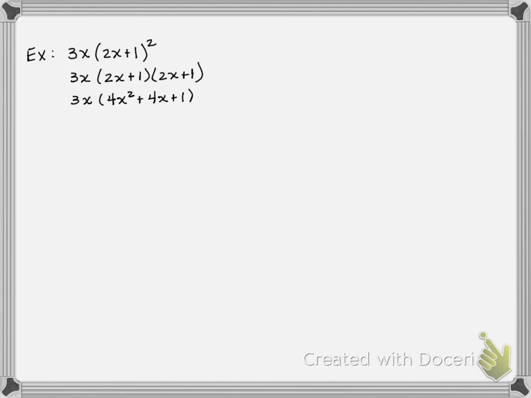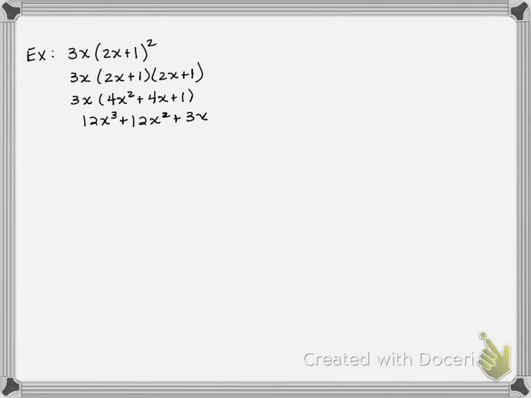Hopefully it makes you feel better that half of you did it. And then distribute that 3x. So we get 12x to the 3rd plus 12x squared plus 3x. Everybody feeling good about that?